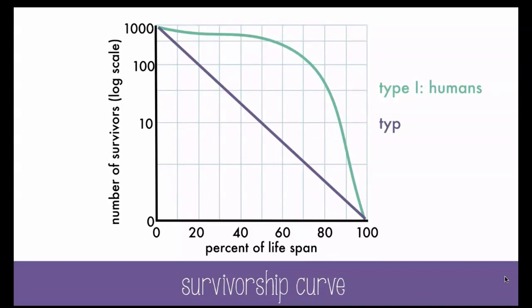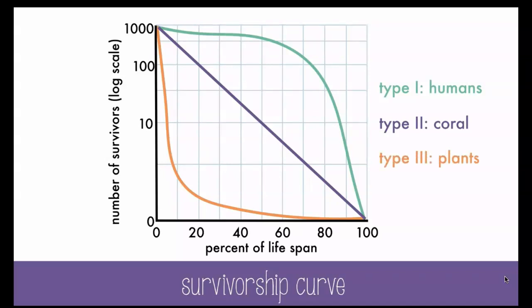An example of this would be coral. Type 3 survivorship curves have many young, most of which will die at a very young age. An example would be plants. They make lots of seeds, but very few of them will actually make it into adulthood. Now, each of these types of survival has its benefits and drawbacks. For example, humans have high survivorship, but they don't make as many offspring.